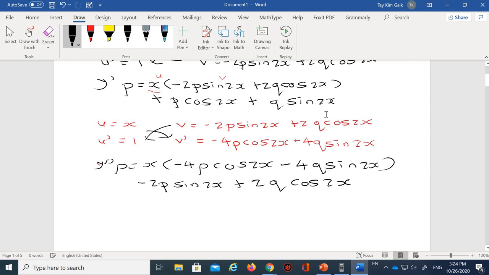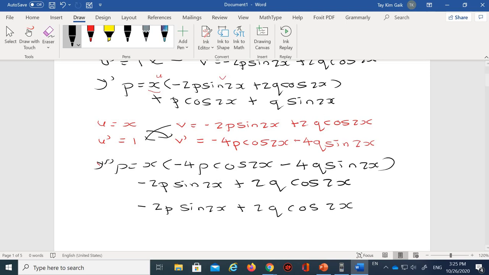This is for the first term only, meaning to differentiate the first term, apply the product rule. Then differentiate p cos 2x, you got negative 2p sin 2x. Differentiate the last term here, q sin 2x, differentiate sin positive, so positive 2q cos 2x.